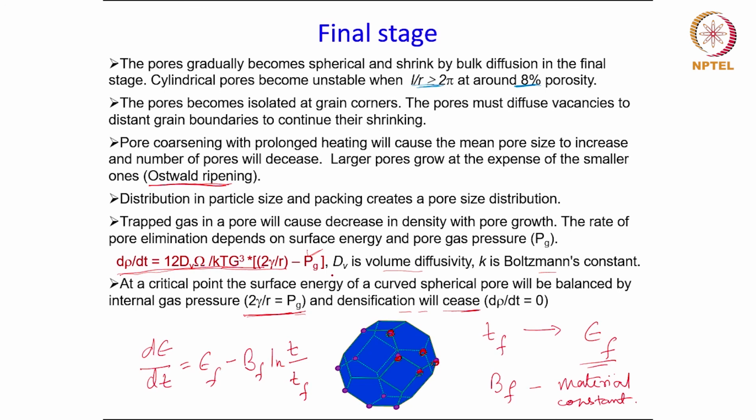So therefore, for full densification to take place, this trapped gas has to be eliminated. This has to be removed, and that is why at times vacuum is used, so that this kind of gases can be eliminated and full densification can be achieved in the compact at the end of the sintering process.